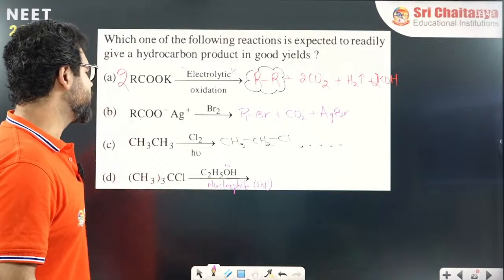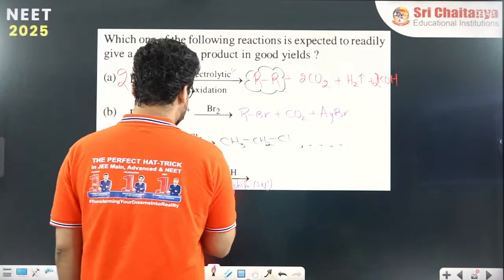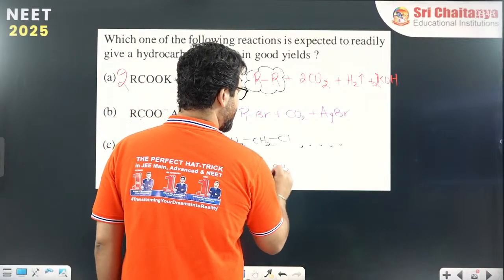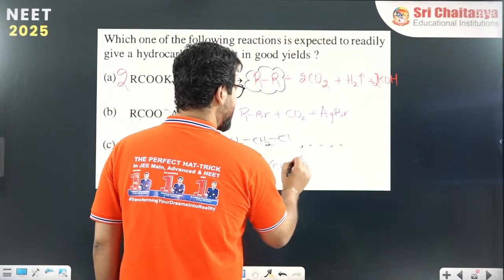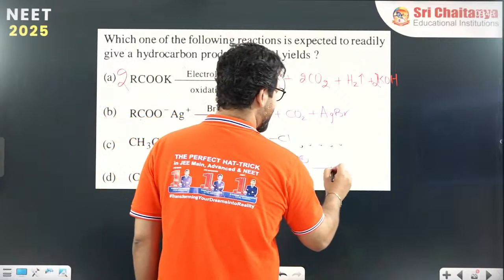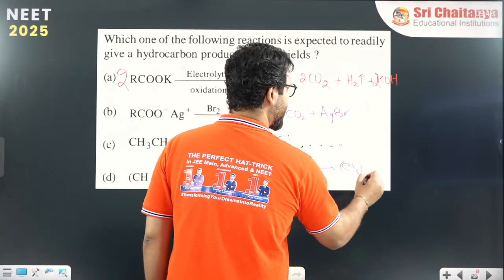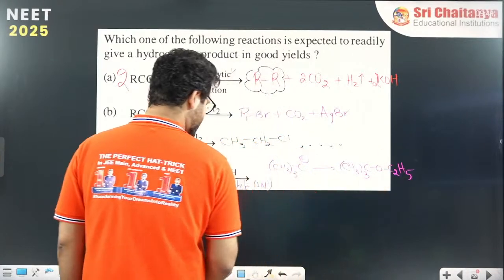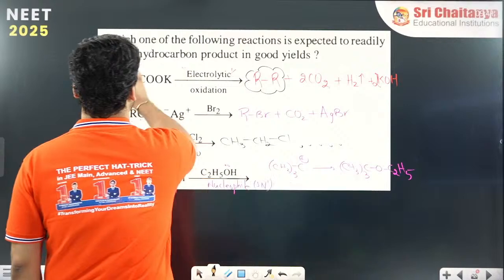But this is a neutral nucleophile, so it will go by SN1. First, this chlorine will go out. We will get a very stable carbocation, (CH3)3C positive, and then this OC2H5 will attack it. So we will get an ether. So ether formation will happen. So the answer is the first option.